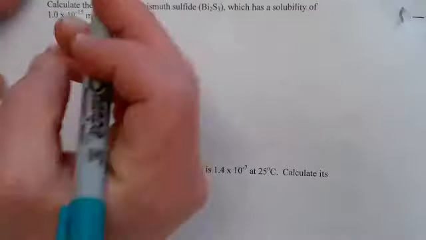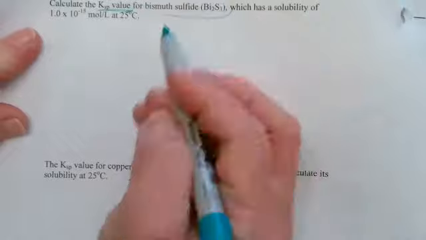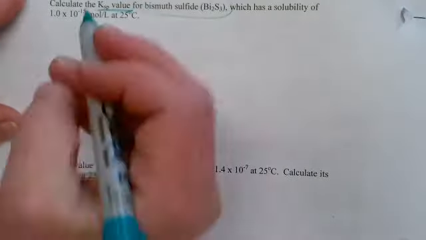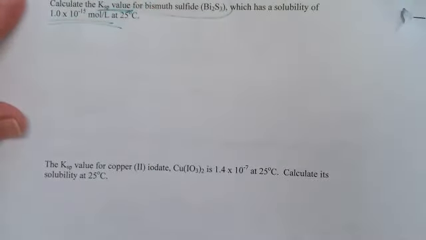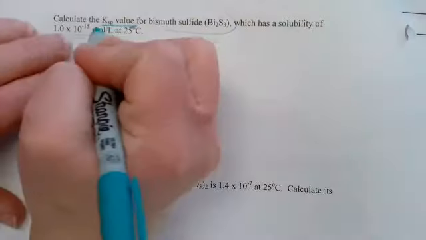All right. Okay. Calculate the KSP value for bismuth sulfide given a solubility. All right. So we're asked for a KSP. Anytime we're given K values or asked for K values, we need our equilibrium reaction first.